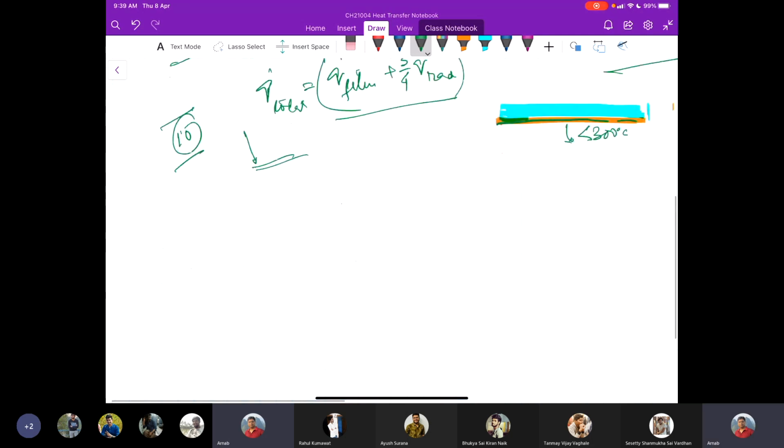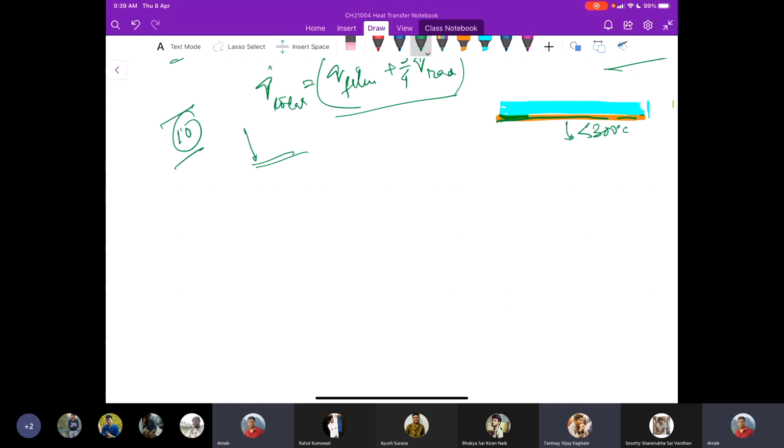Now the point is that in pool boiling, we have considered that there is a motionless fluid, and the bulk is motionless. The vapor bubble motion that rises to the top and coalesces or disperses is the result of the buoyancy effect.